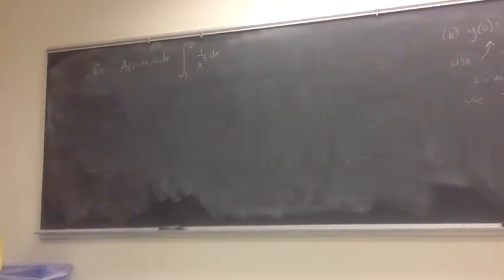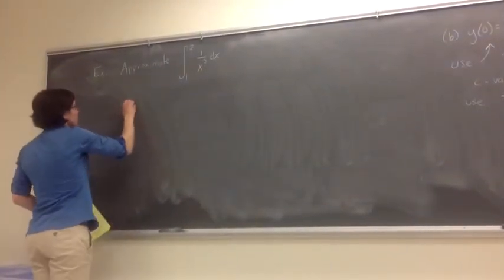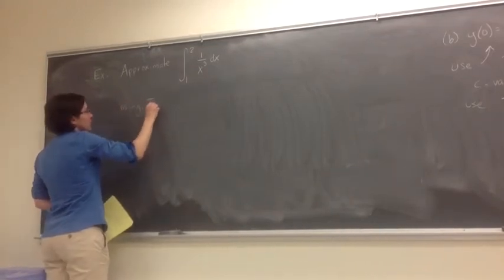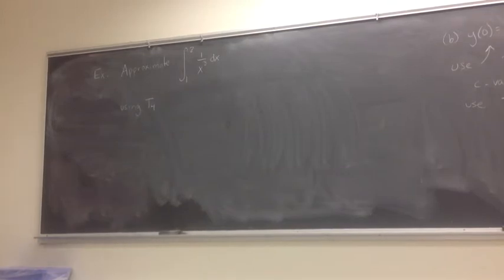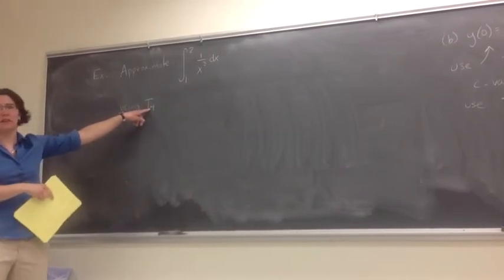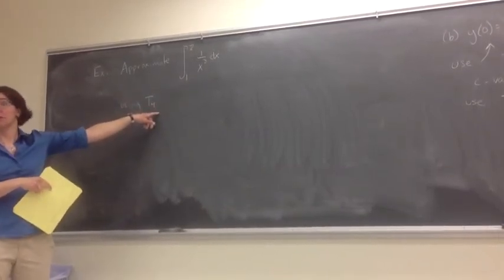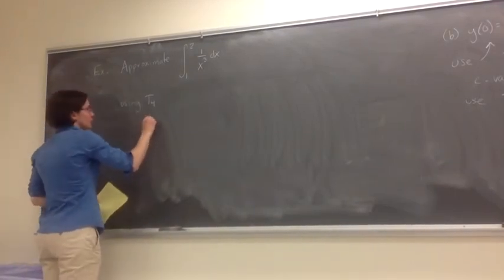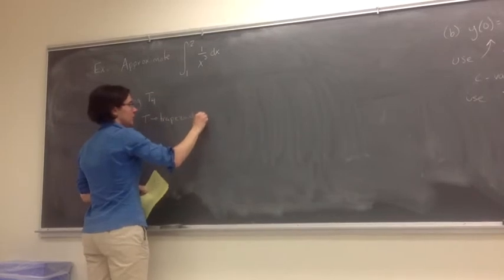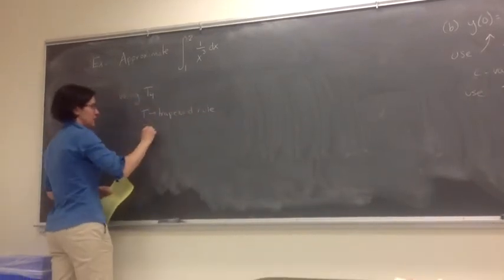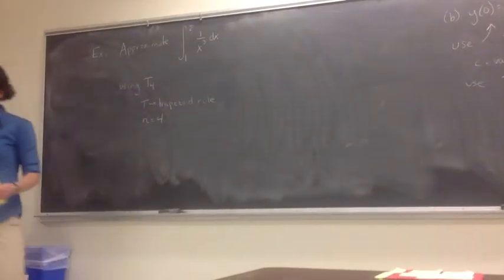And we did this using T4. And so what do I mean by using T4? I mean that we're going to use the trapezoid rule, that's what T says, and I'm going to use 4 subintervals. So T means our trapezoid rule, and n is going to be equal to 4.